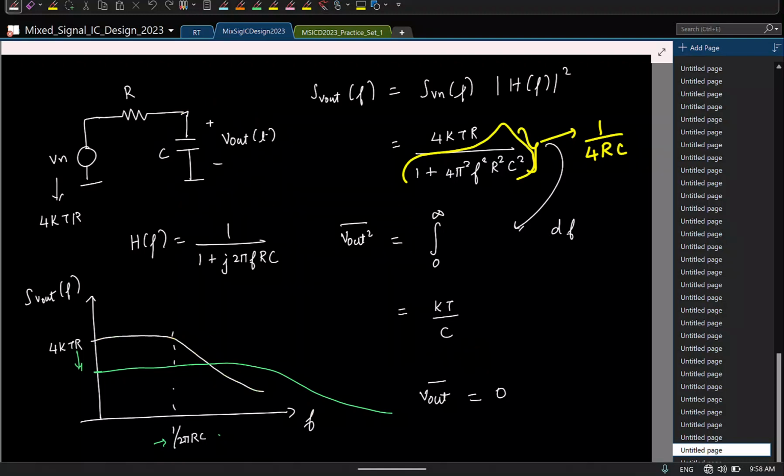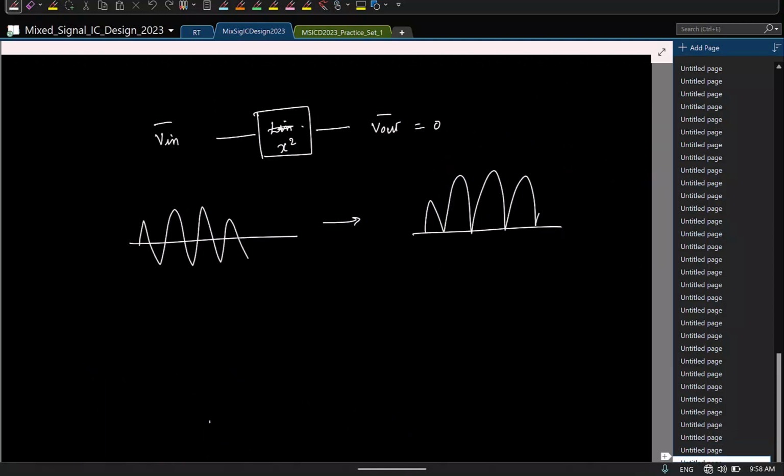So now let's look at our circuit. In our case, we have the switch here. So this is the noise. And let's say RC. Let us say this is the clock control for the switch.